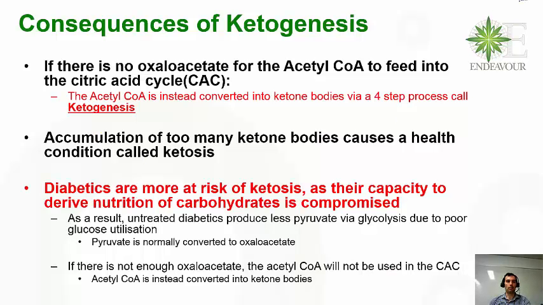So what happens when we do ketogenesis to this extent, where we're funneling all the acetyl-CoA into ketogenesis? If there's no oxaloacetate for the acetyl-CoA to feed into the citric acid cycle, we saw that the acetyl-CoA is instead used to make ketone bodies using ketogenesis.